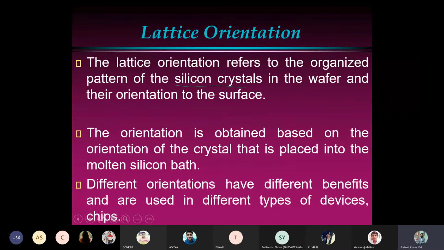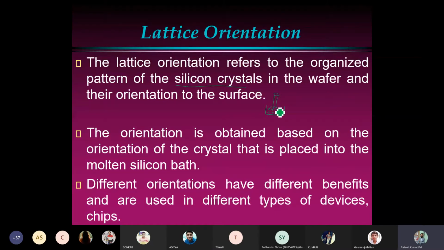While obtaining single crystal silicon by using the FZ and CZ methods, we were using molten polycrystalline silicon in a crucible, and by using a seed we were pulling it out.